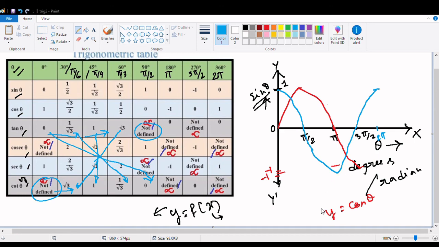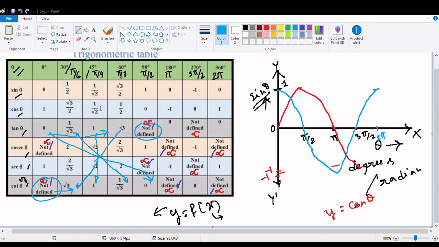As soon as this crosses the value pi by 2, the value of sec starts increasing from the negative maximum, and it achieves the value of minus 1 when it reaches pi. So the graph will be like this.